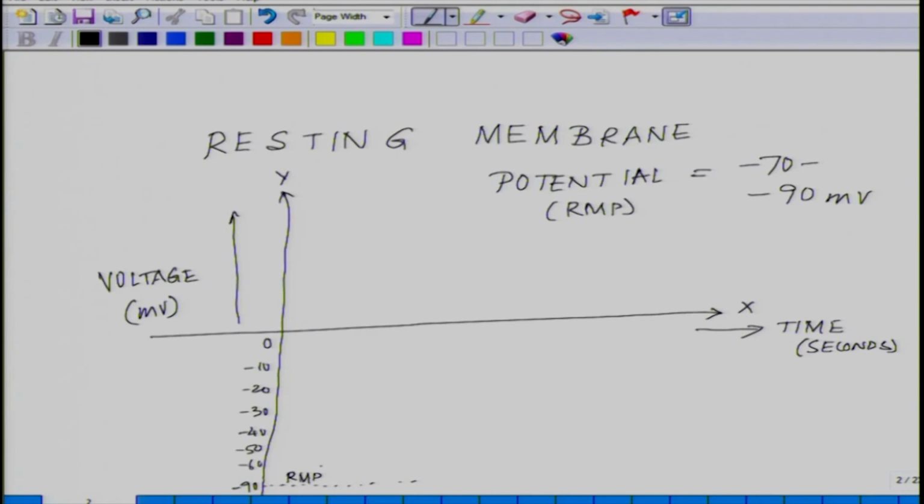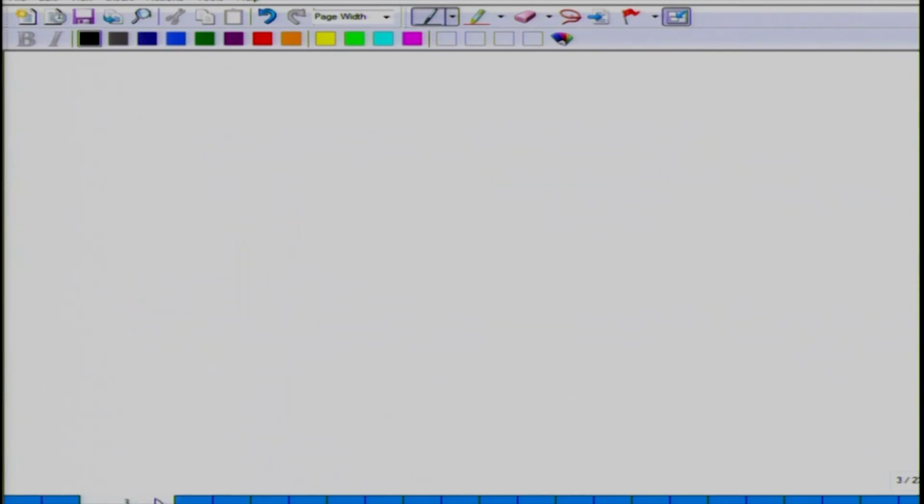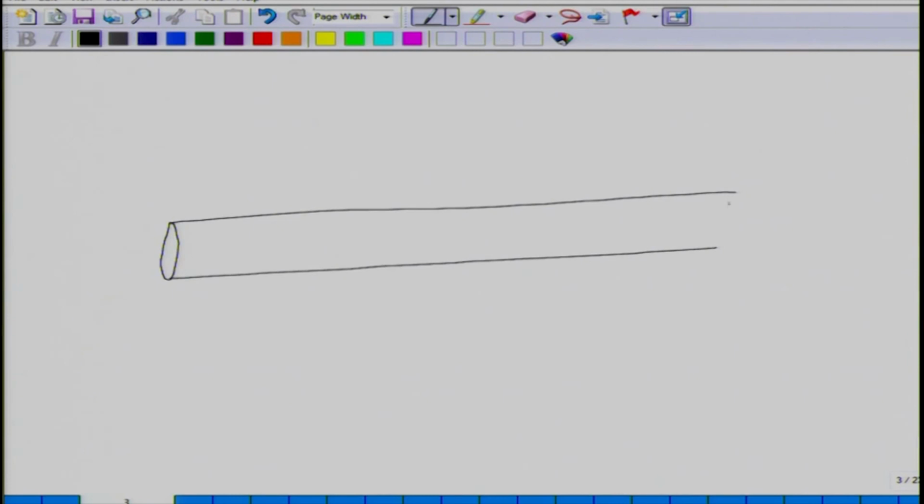So, they found a very interesting event. If from the resting membrane potential a cell is excited. Say for example, just to visualize the kind of experiment they were trying to do, this is the axon out here, a part of the axon, and the cell body is out there.